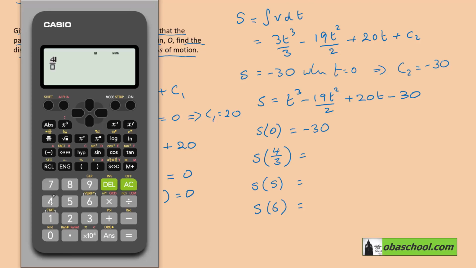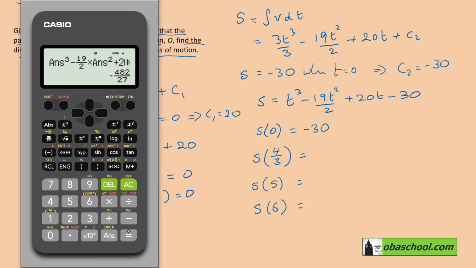So I'm going to put in 4/3, and I'm just simply going to put equals, and then it's my last answer. And then I'm going to do answer cubed, take away 19 over 2 times answer squared, plus 20 times answer, take 30.